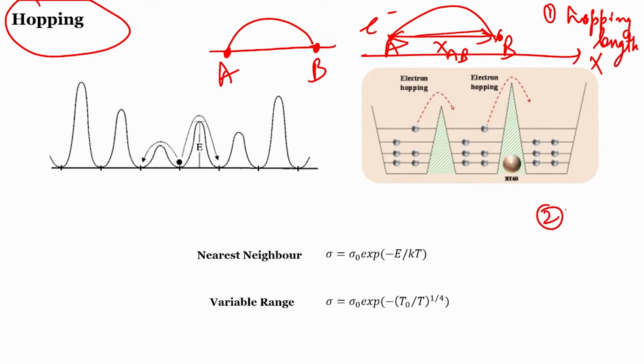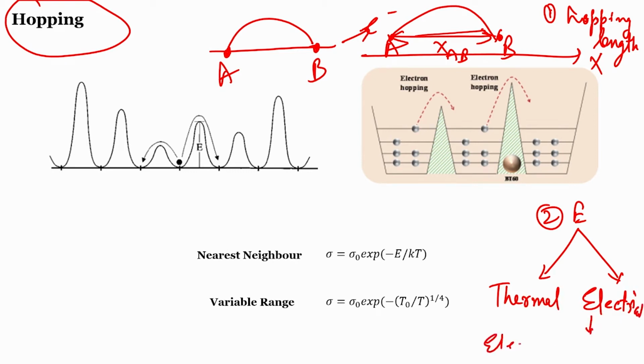And second, how much energy has been given to this electron to jump from point A to point B. This energy is mostly either thermal or electrical, by which I mean an electric field.